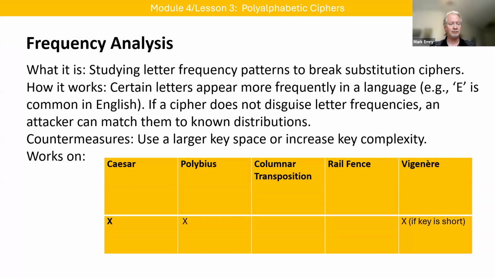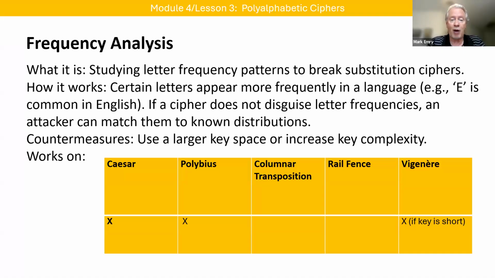Frequency analysis is studying letter frequency patterns to break substitution ciphers. We've seen that in the previous lesson. How it works is that certain letters appear more frequently in a language, right? E is common in English, vowels, ST. So if a cipher does not disguise letter frequencies, an attacker can match them to known distributions.